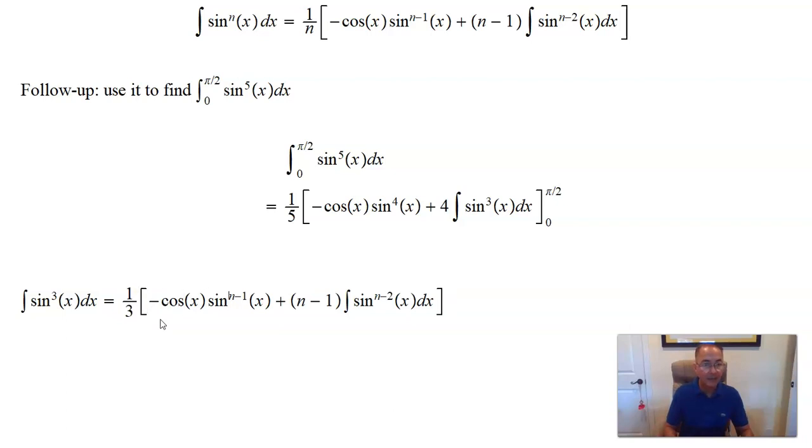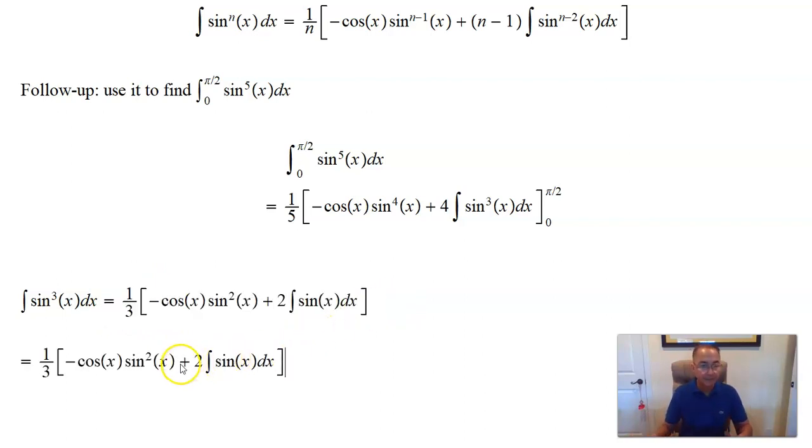And 3 minus 1 is 2. And sine to the n minus 2, that's just 1. So it's just the integral of sine of x. And is that cosine or negative cosine? I believe it is negative cosine. So we have minus 2 cosine of x.